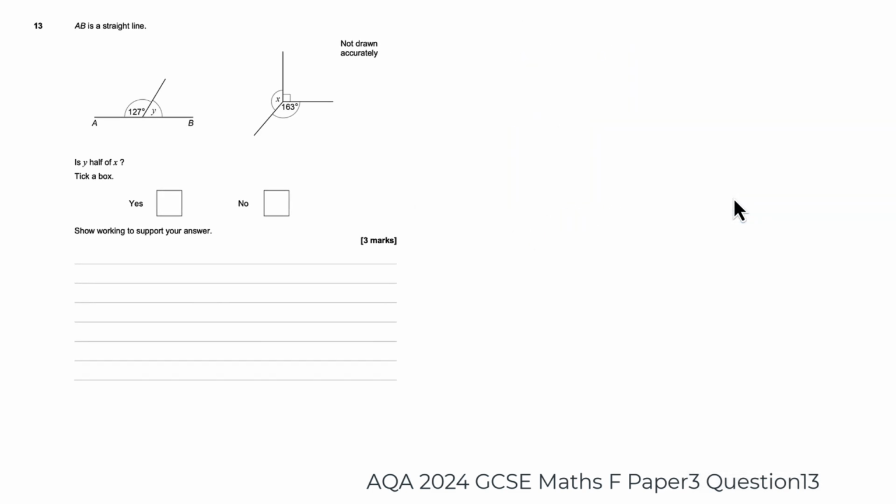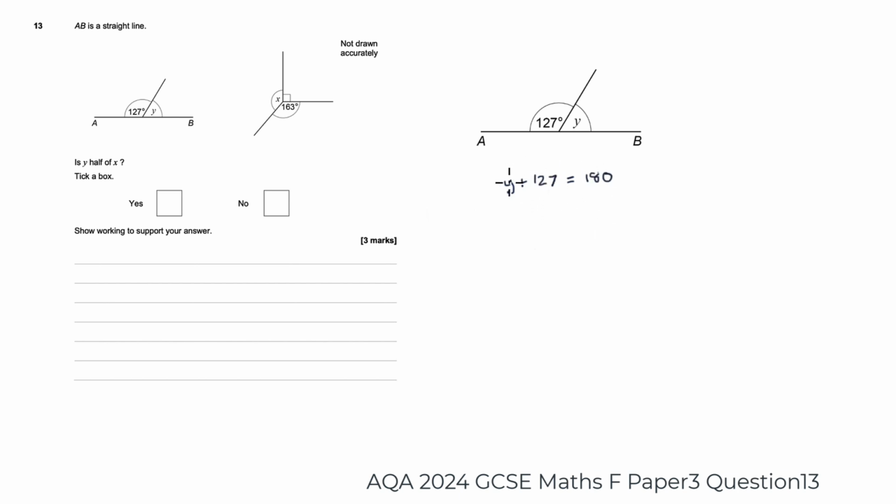So finally, let's look at a completely different method of solving this problem. If we take diagram 1 over here, we know that these two angles add up to 180. So let's write an equation to describe that situation. To solve equations, you need to keep them balanced, and you do the same to both sides.